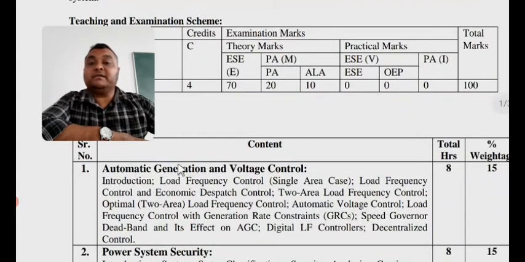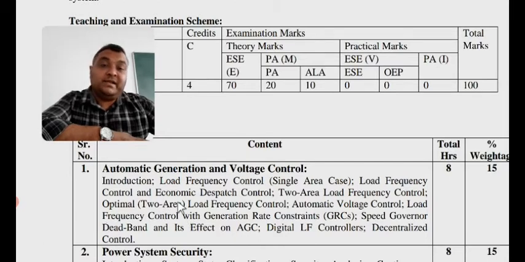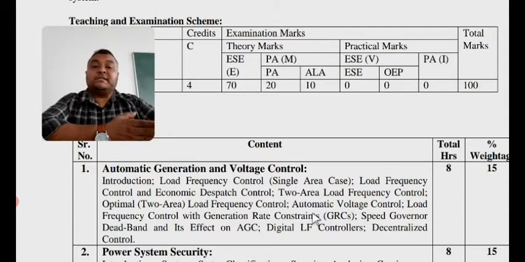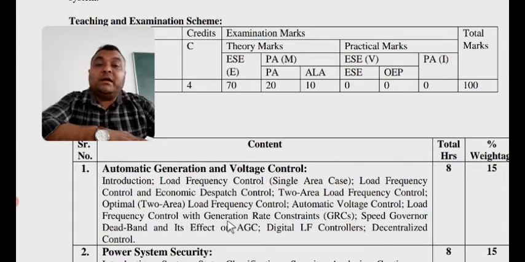The first chapter is all about automatic generation and voltage control. In it, there is load frequency control and economic dispatch control, two area load frequency control, optimal load frequency control, automatic voltage control, load frequency control with generation rate constraints, speed governor, dead bands, effect on AGC, digital LF controllers, decentralized control.